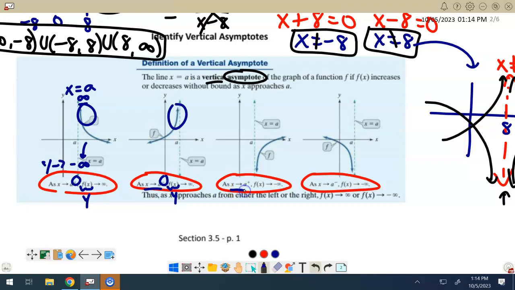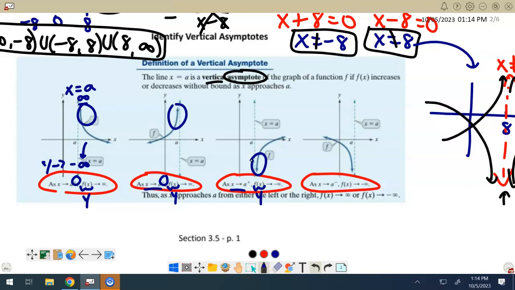Here, as x approaches a from the right-hand side, so as the graph approaches that vertical line from the right, this time the y values are getting smaller because the graph is heading down. So negative infinity means the graph is heading down. Positive infinity means it's heading up. That's how you interpret that. And I'm only giving you that explanation just in case that's the way it's presented on the homework.